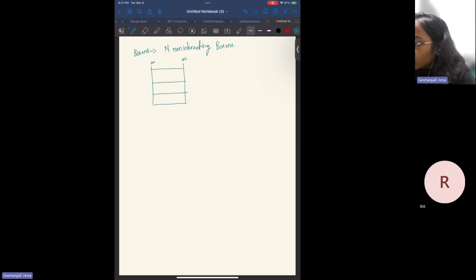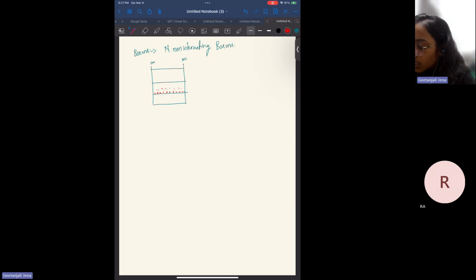Okay, so let me show you clearly. If you have bosons, now you have n non-interacting bosons. For this case, if you have a potential like this, which has different energy levels, you can place all the boson particles in the ground state only. All these n particles can occupy the ground state energy.